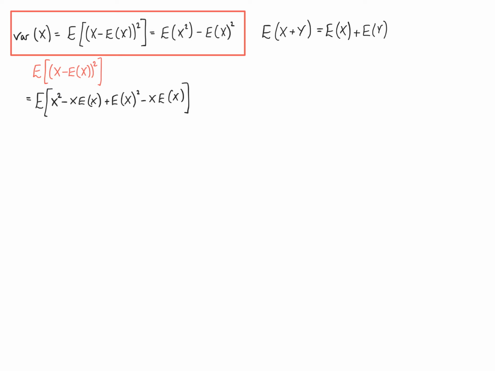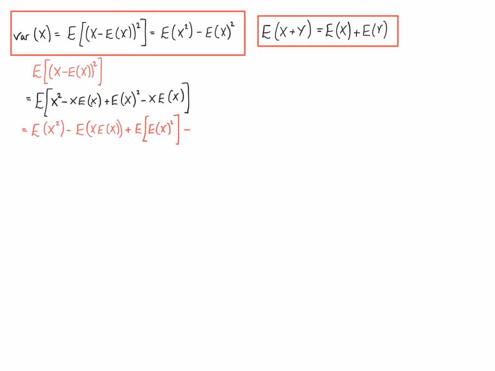So we can break the variance formula down into four parts: the expectation of x squared, minus the expectation of x times E of x, plus the expectation of E of x all squared, minus the expectation of x times E of x.